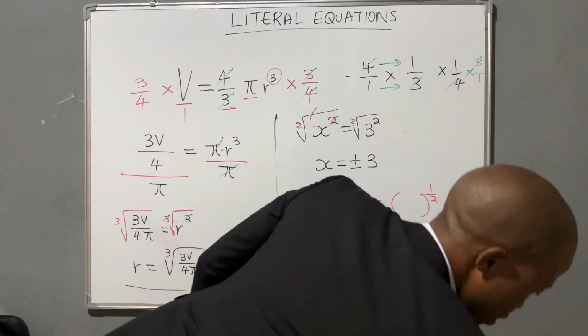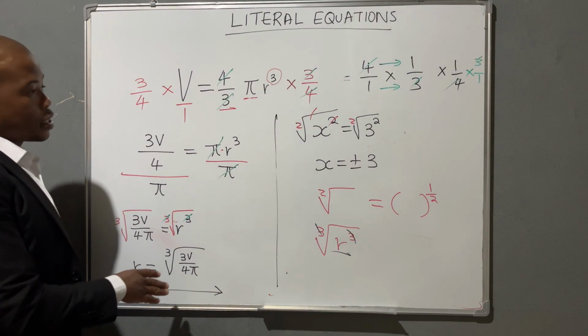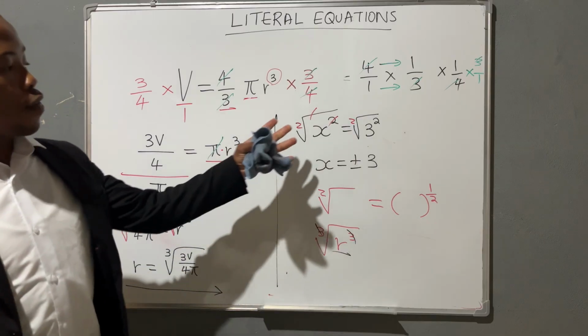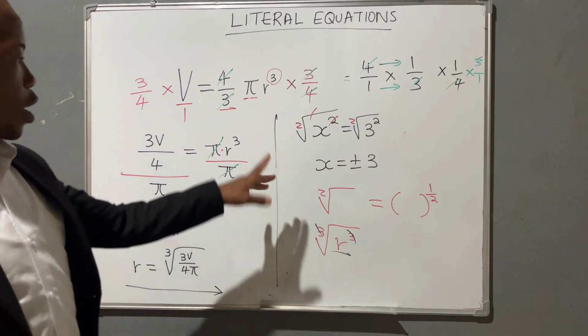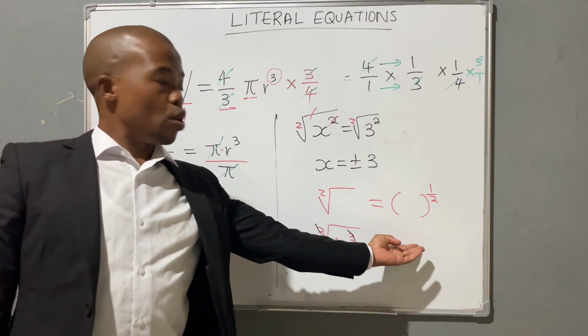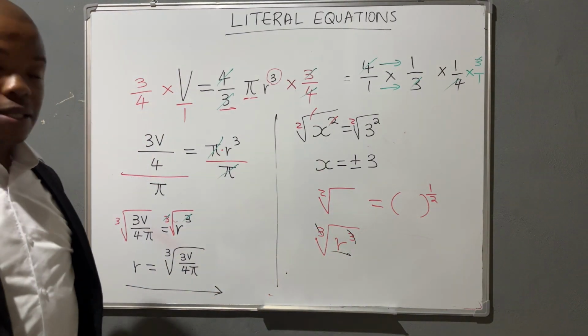You simply just need to understand how to do your multiplicative inverse, how to work with your fractions, and the other one is how to convert your roots to their equivalent form using brackets, right?